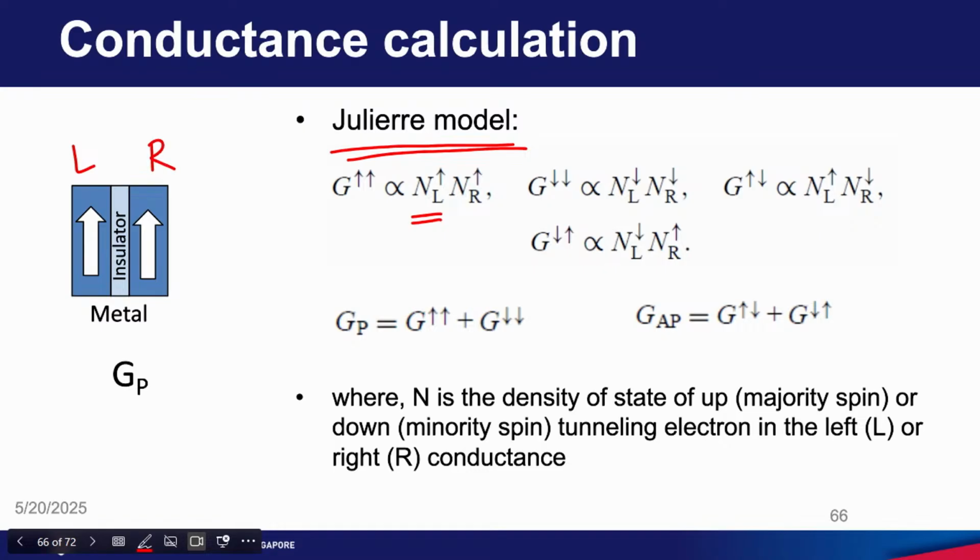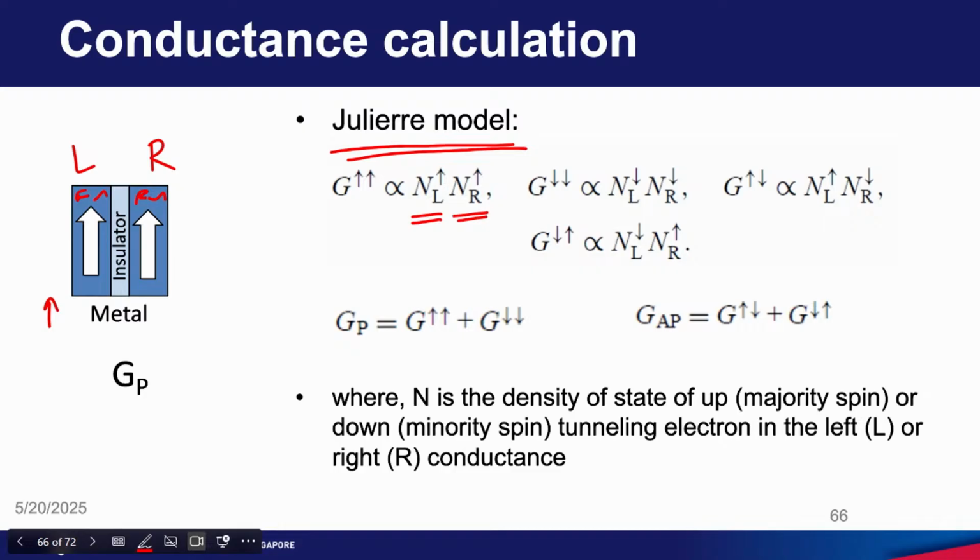In this paper they use the symbols left and right. So, the probability for a spin up electron to go from one side to the other depends on the density of states for the majority electrons in the left side ferromagnetic material, and on the right side ferromagnetic material.